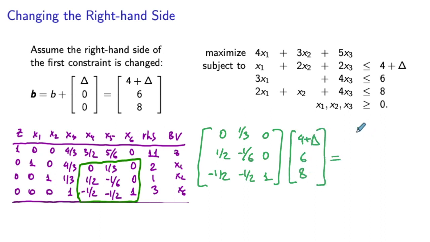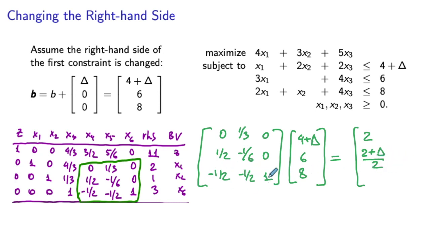The result is this row times the column is 2, the same value as what we had before for x1. Then multiplying the second row by the column gives us (4 plus delta)/2 minus 1, so (2 plus delta)/2.